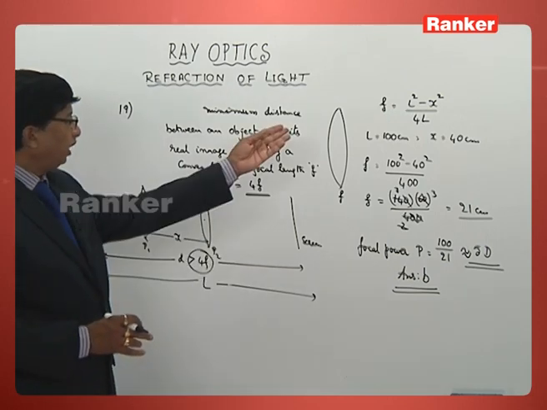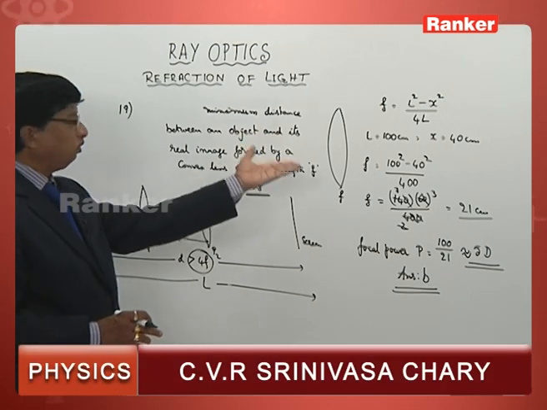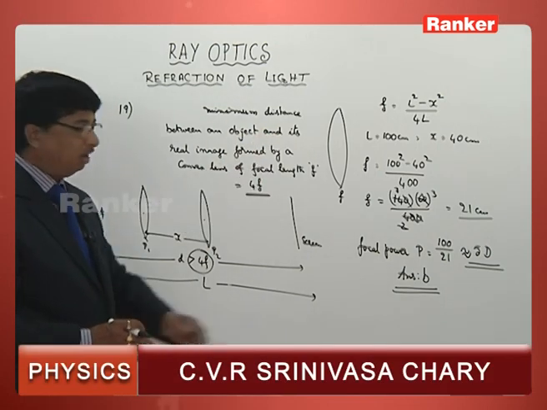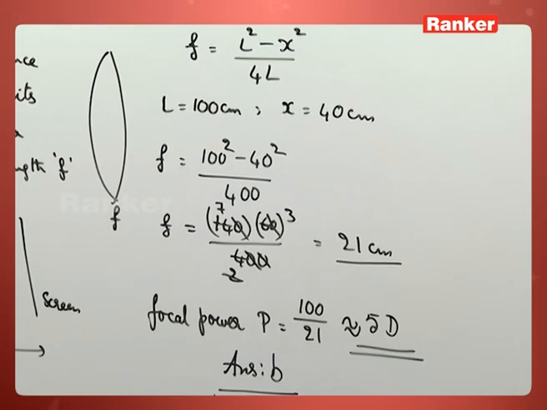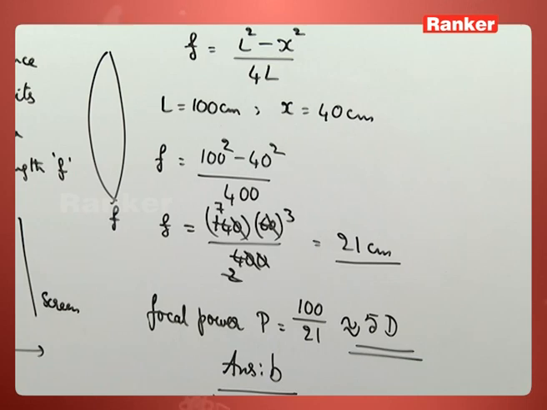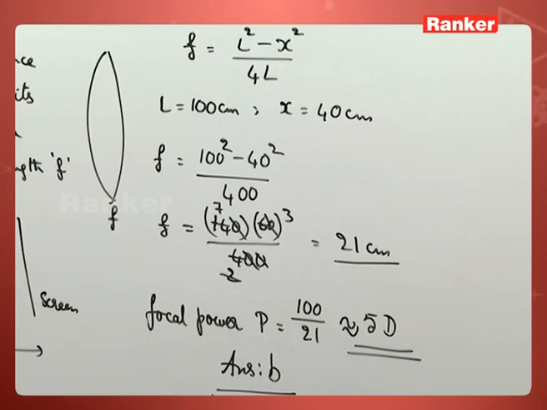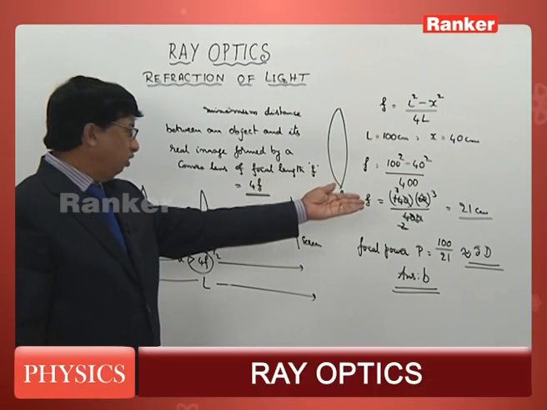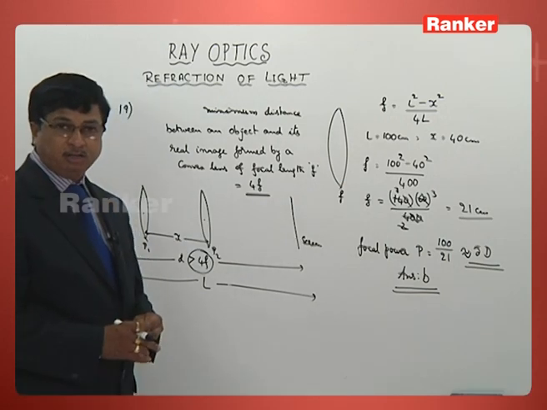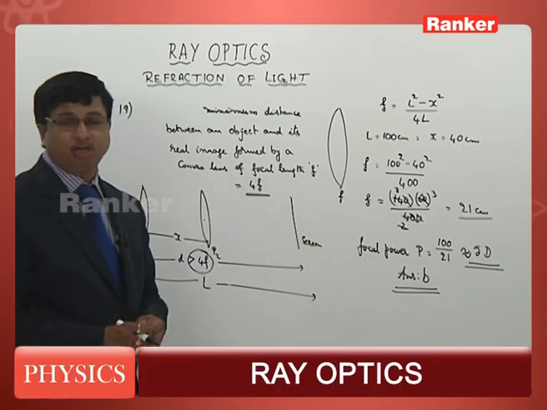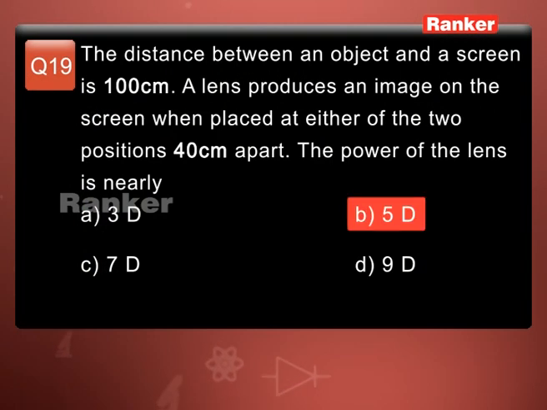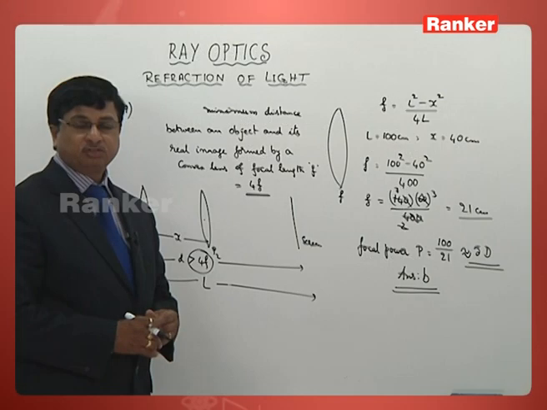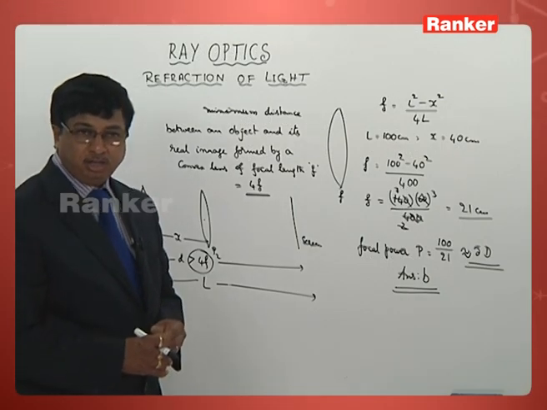Here L is 100 and x is 40, and L square minus x square divided by 4L gives you the focal length of that lens. So your answer will be 21 centimeter for focal length, and the corresponding focal power will be nearly 5 diopter, for which the second option coincides with our calculated answer. So that is problem number 19 for us.